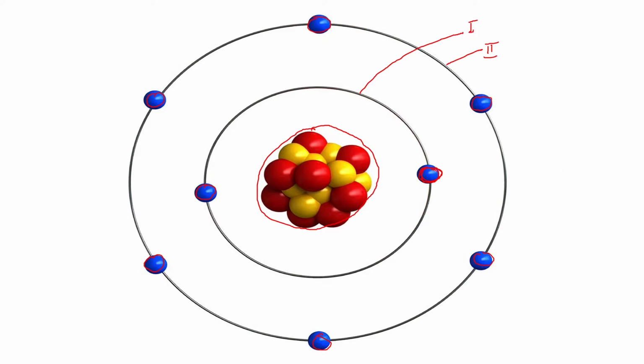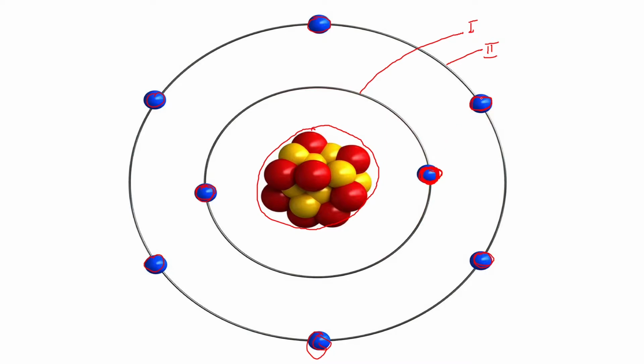So there will be some energy associated with the electrons of the first orbit, energy associated with the electrons in the second orbit, and energy associated with the electrons in the third orbit. The most important thing to understand here is that the energy associated with the electrons of the first orbit will be less as compared to the energy associated with electrons of higher orbits.